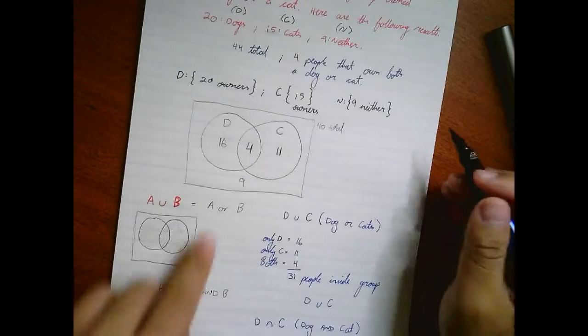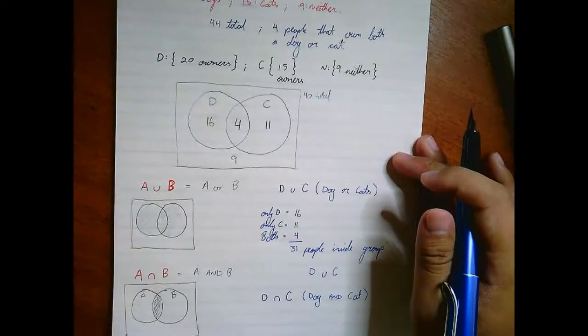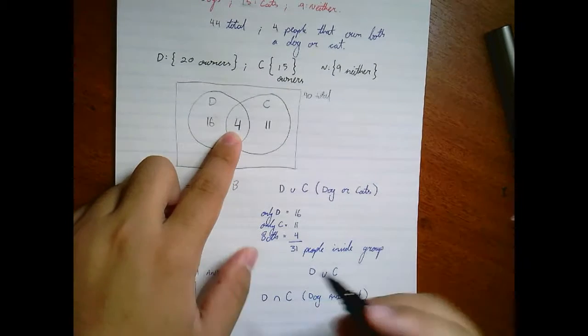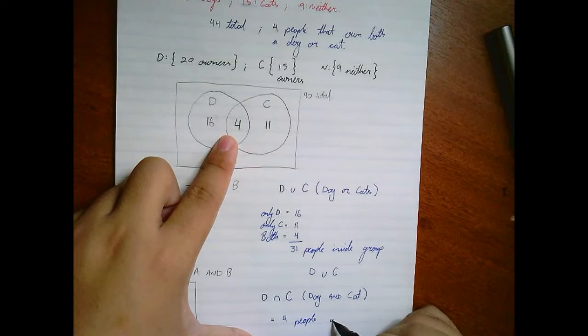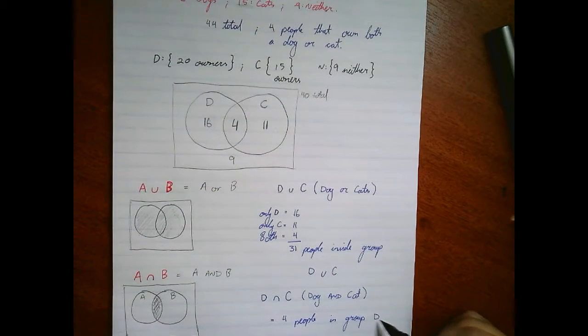Well, we've already calculated through our Venn diagram which ones are dog and cat owners. So this group contains 4 people in group D intersect with C.